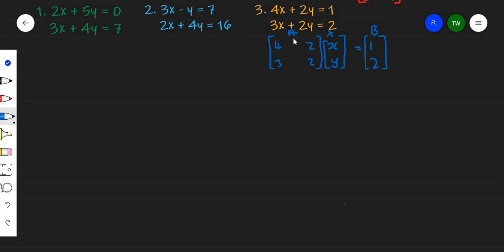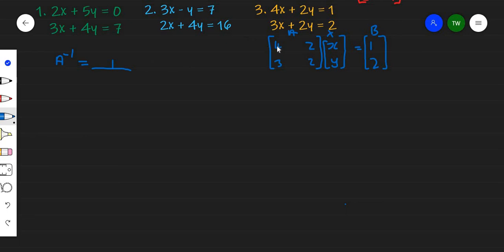Now we need to find the inverse of A and take the inverse of A to multiply both sides. So I'm going to work that out here. So A inverse is going to equal to 1 over the determinant.